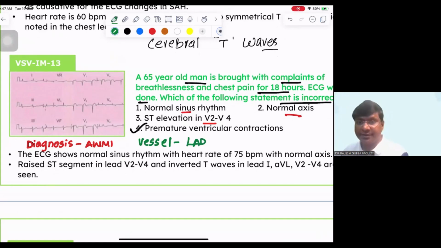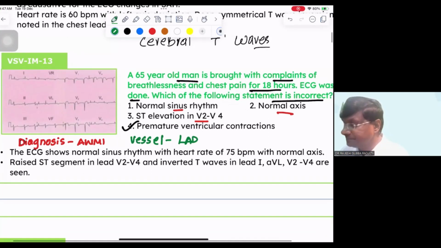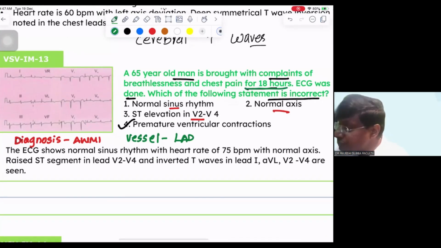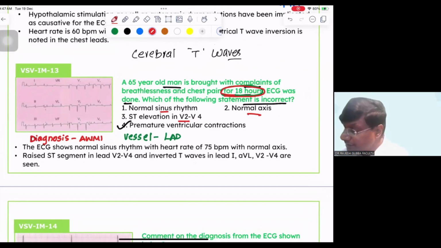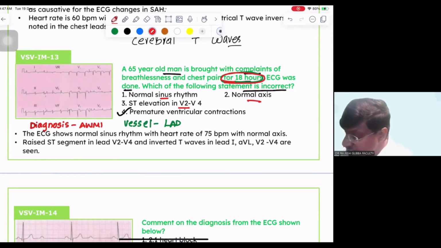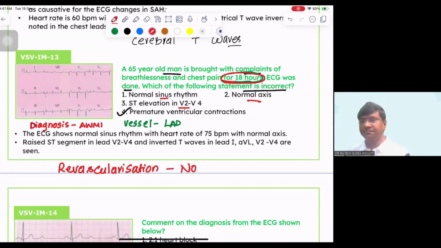Now tell me, the patient is having chest pain for almost 18 hours. Which revascularization therapy should not be done? Very good. The answer is thrombolysis.